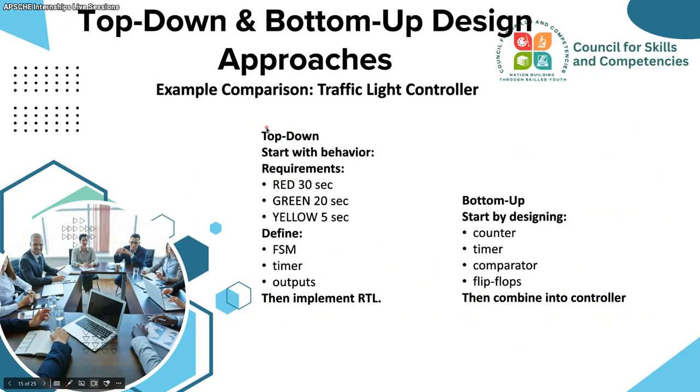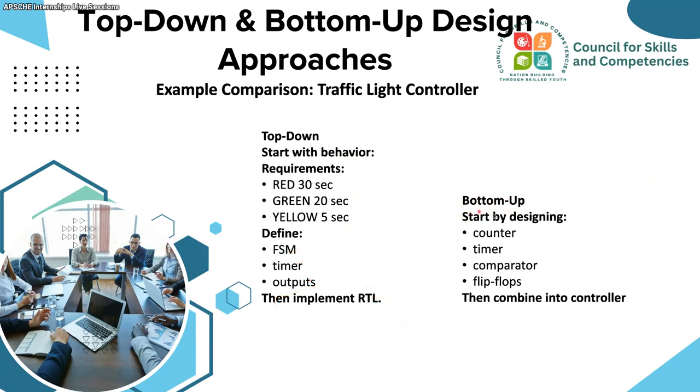So when you talk about top down, they start with the behavior. What behavior will we specify? Red light to go for 30 seconds, green light for 20 seconds, yellow light for 5 seconds. So we will define a finite state machine, timer and output, then we will implement the RTL.